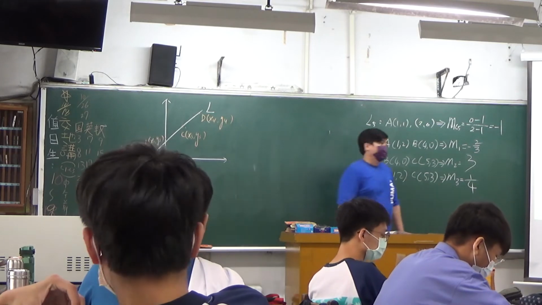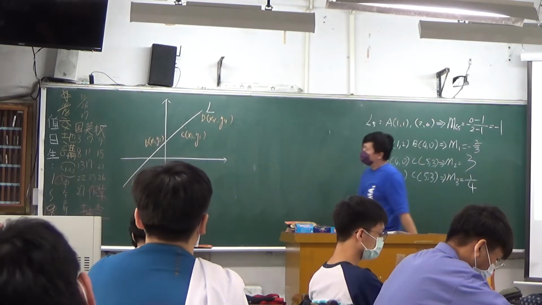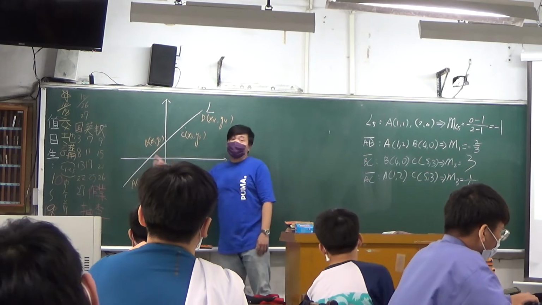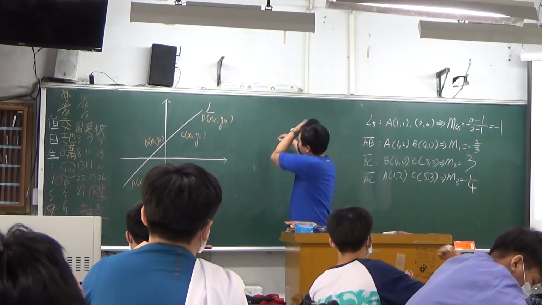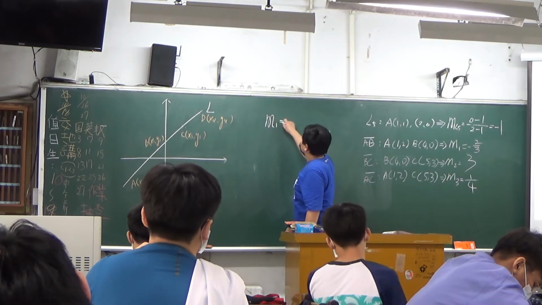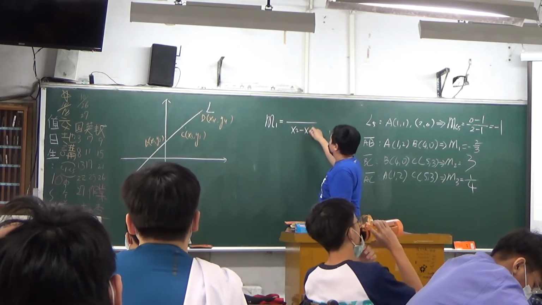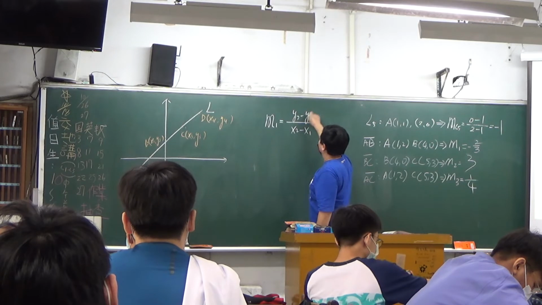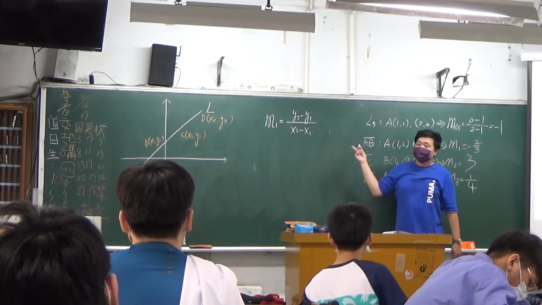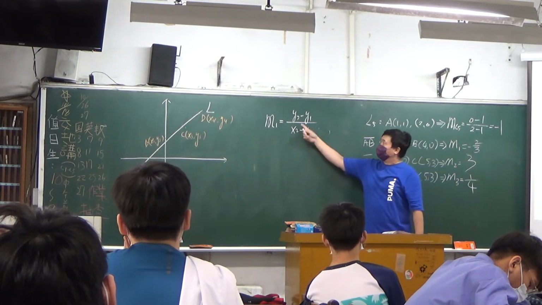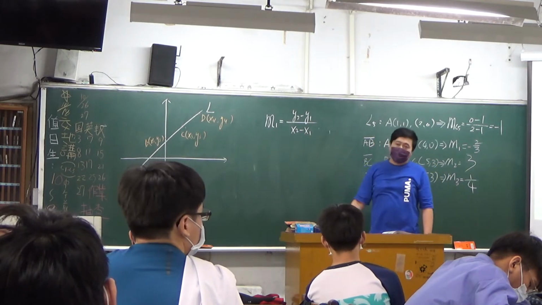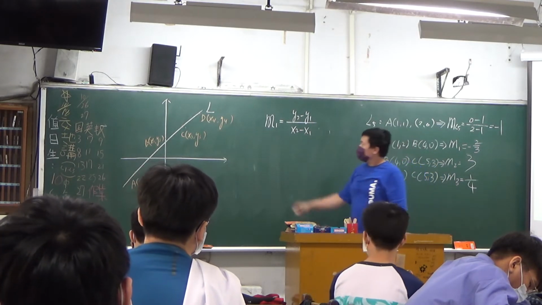On the screen we say, if we use points A and B, we can get the slope is y2 minus y1 over x2 minus x1.